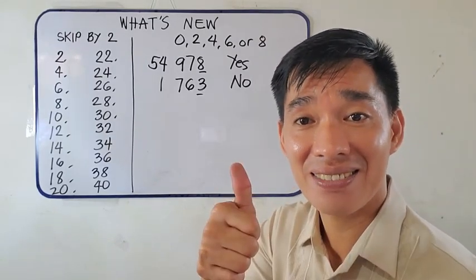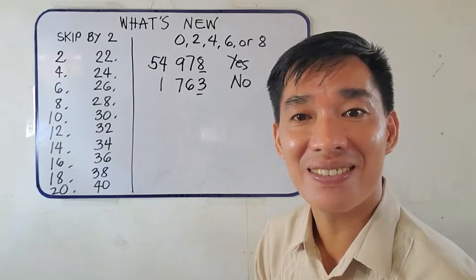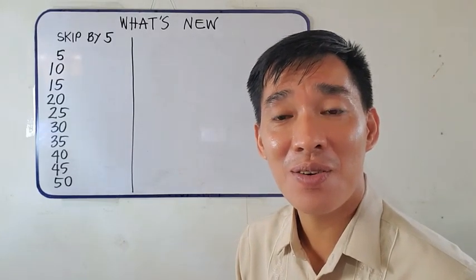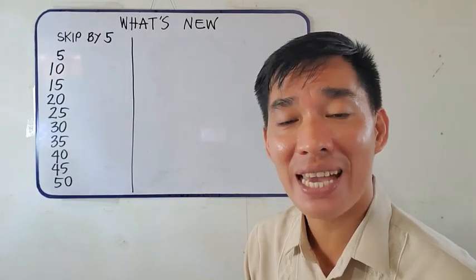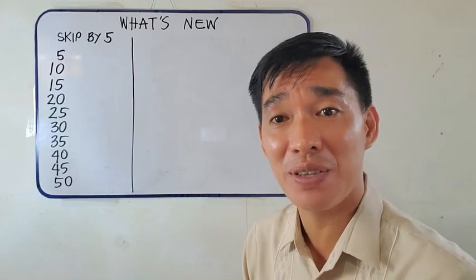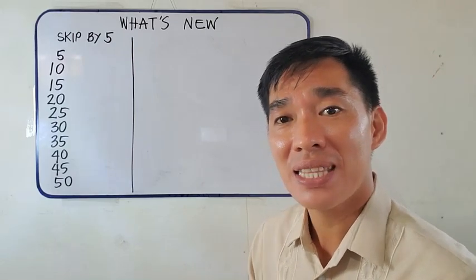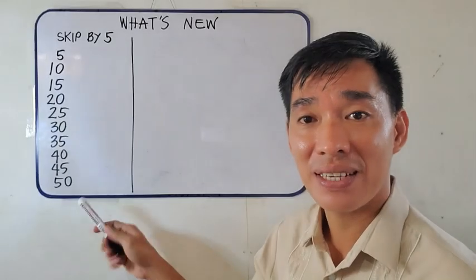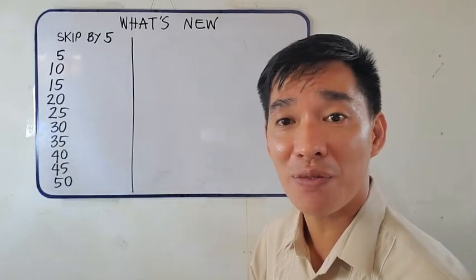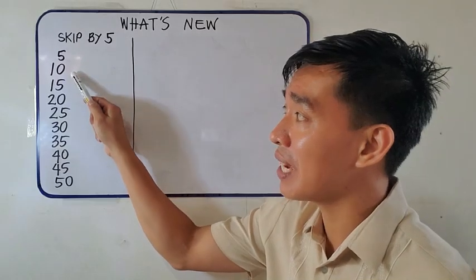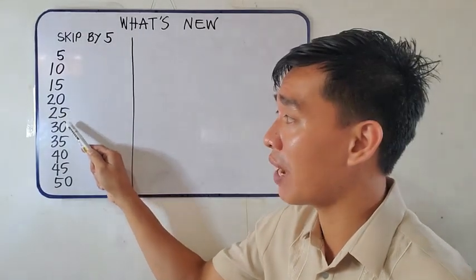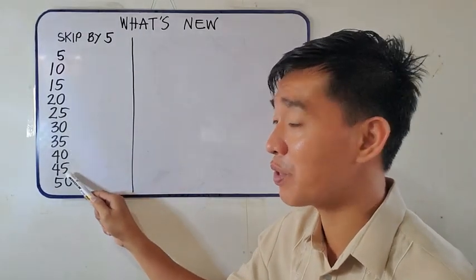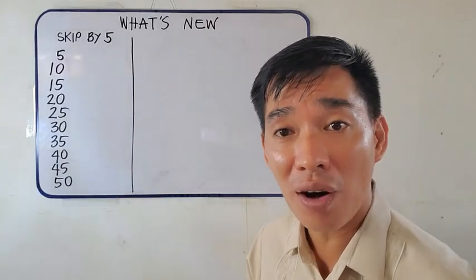Get it? Let's continue. As we continue, how will we be able to tell this time that a number is divisible by 5? Now, I want you to notice the multiples of 5 here. The multiples of 5 are the following: 5, 10, 15, 20, 25, 30, 35, 40, 45, 50, and so on.